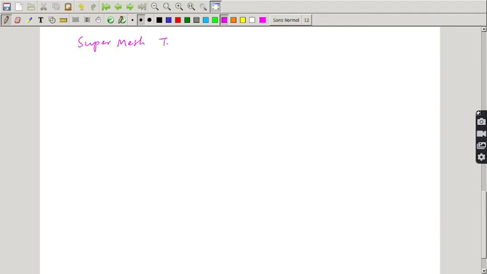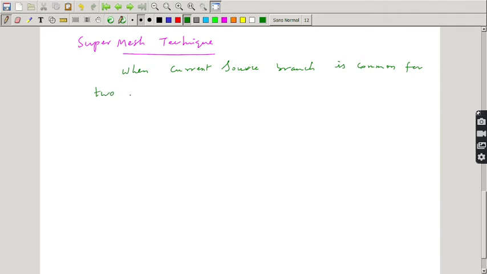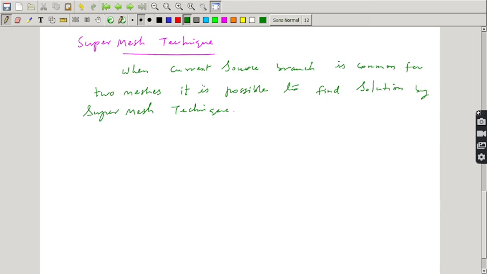When a current source branch is common to two meshes, it is possible to find the solution by the super mesh technique.